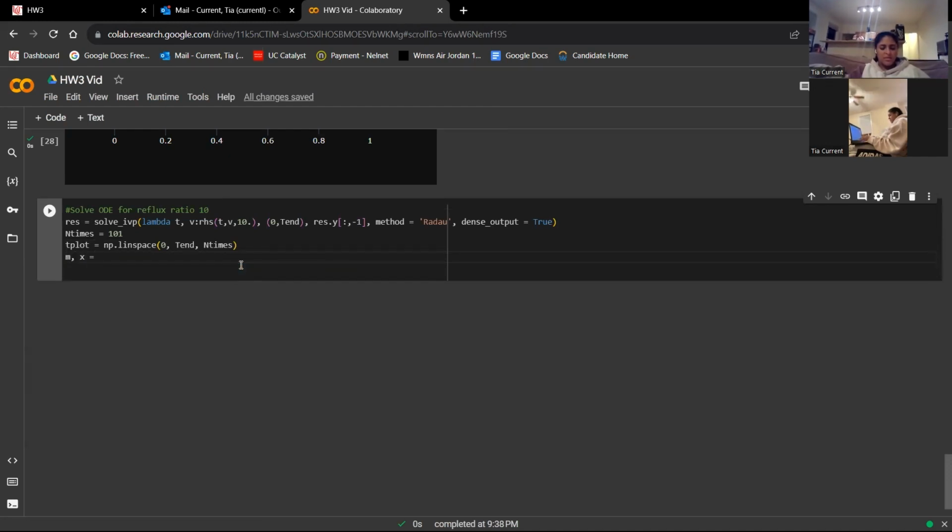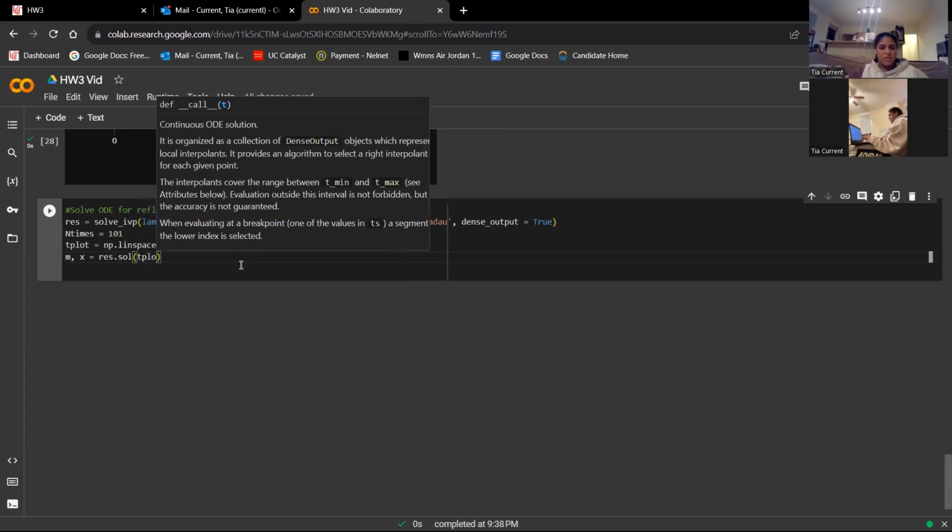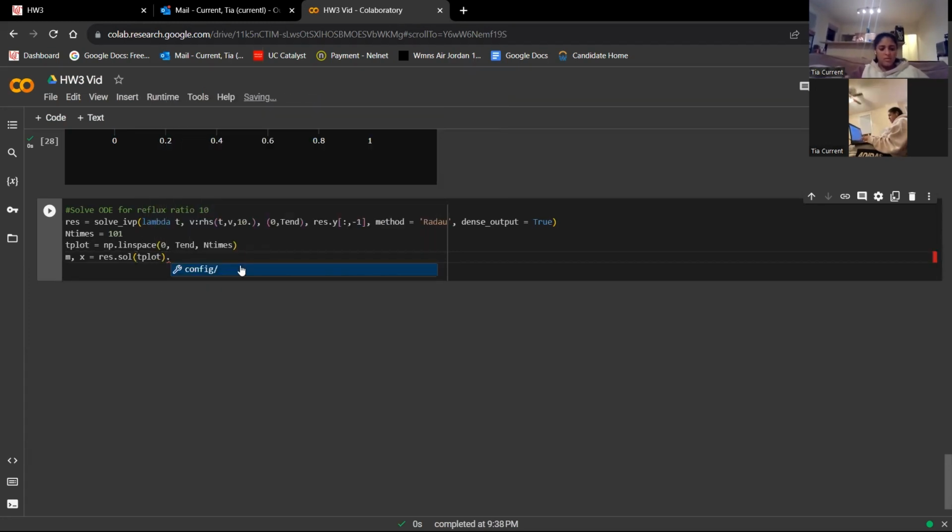M, x is equal to res.sol(t_plot).reshape(2, -1). Okay.